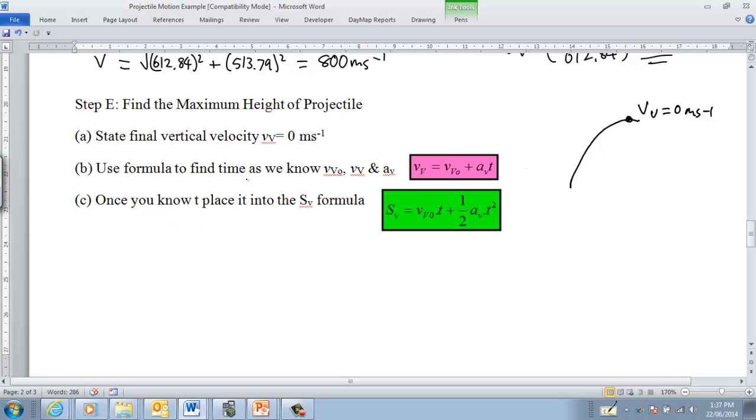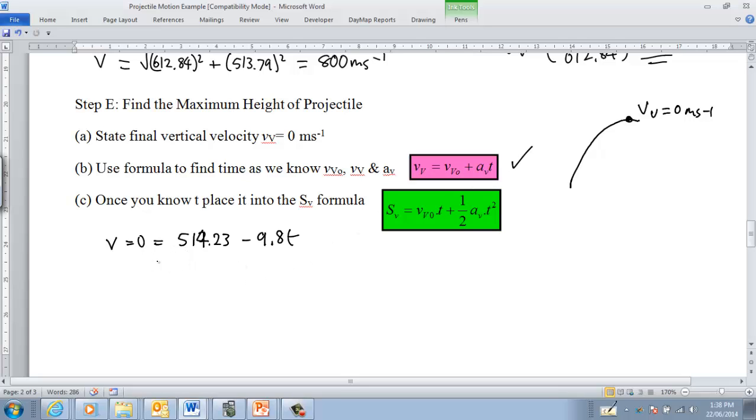So we're going to use this formula here to start with. We're going to say our vertical velocity there is in fact equal to 0, but that's equal to 514.23 take 9.8 times t, because that's what our acceleration is.